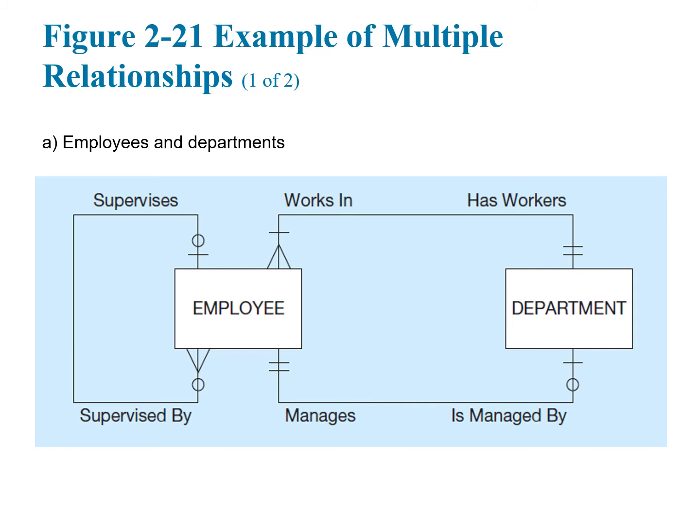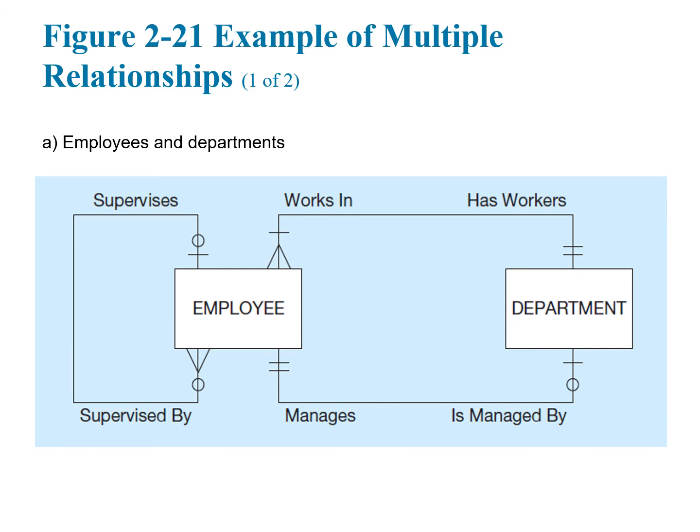Here we see a one-to-many unary relationship on employee. It shows that a given employee may have exactly 0 or 1 supervisor and could supervise any number of other employees or none at all.